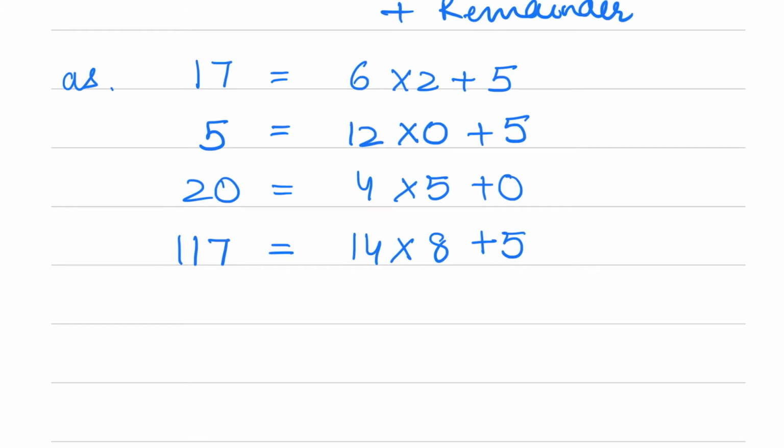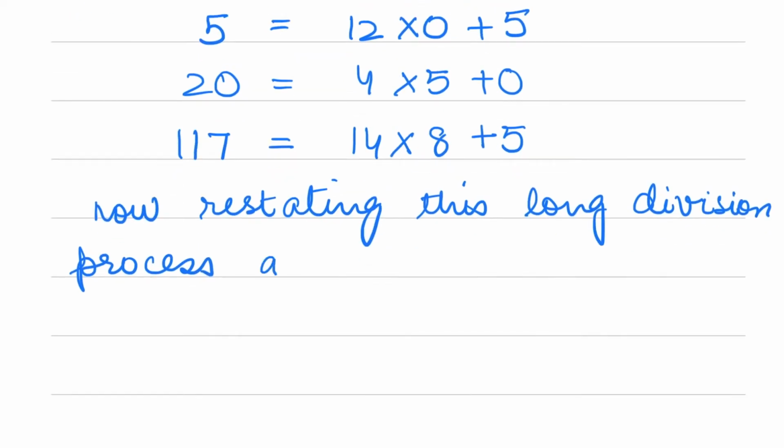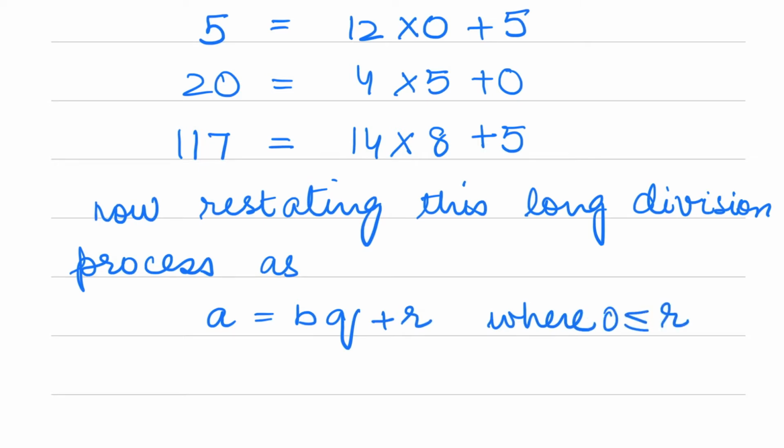Okay, now restating this long division process which we have been doing as a is equal to bq plus r, where the remainder is always greater than or equal to 0 and less than b.